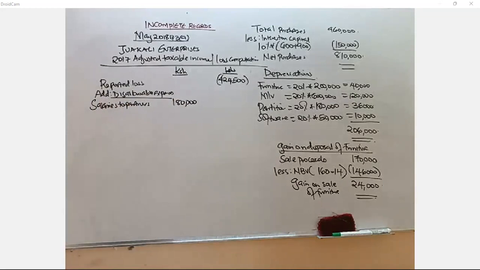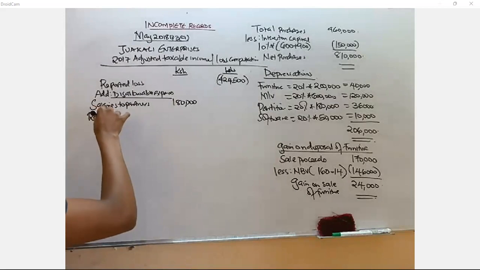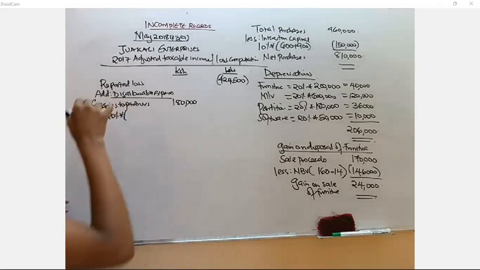Now, when we look at bullet number 2 of the additional information, we have been told the rent expense for the year includes 20% for private residence for Juakali. So in this case, we just need to calculate that. We understand very well that it is a disallowable expense. So for rent, we are going to take 20%. We multiply by what?